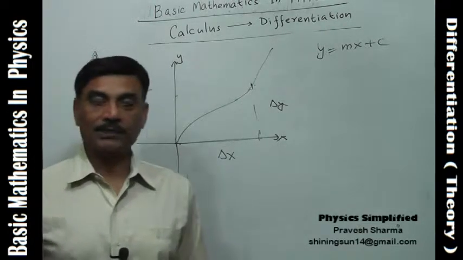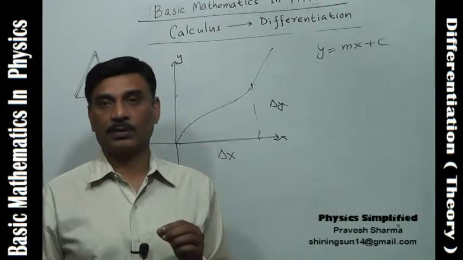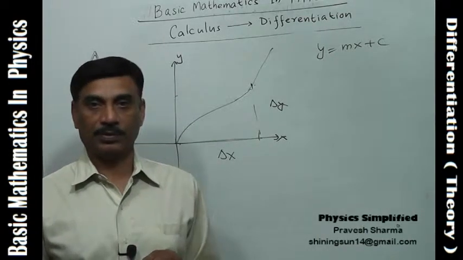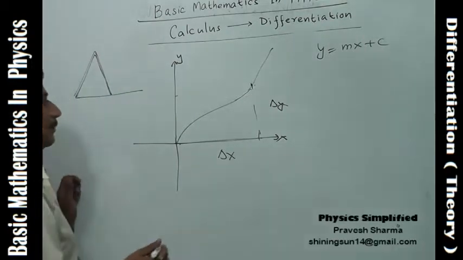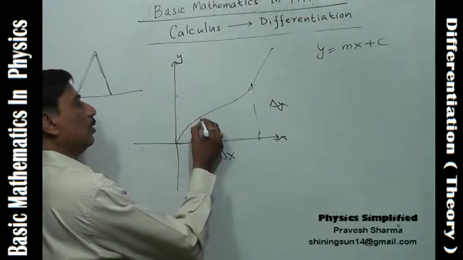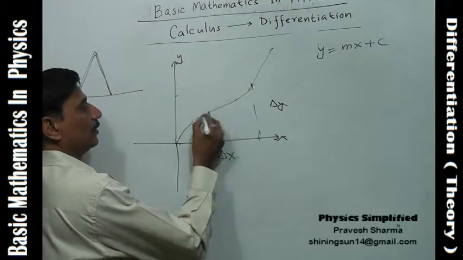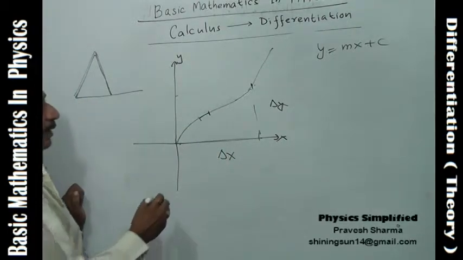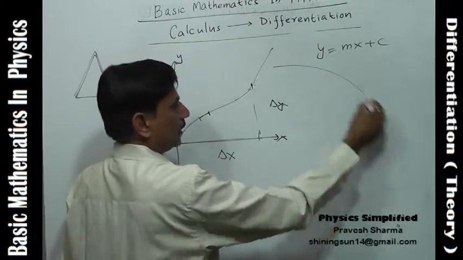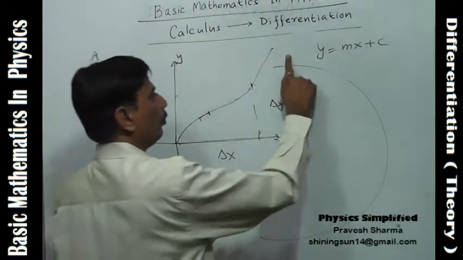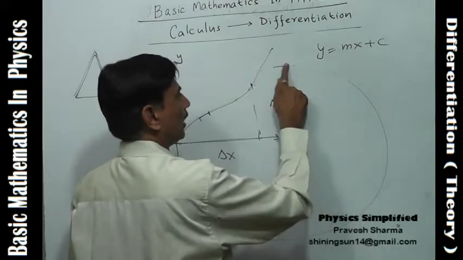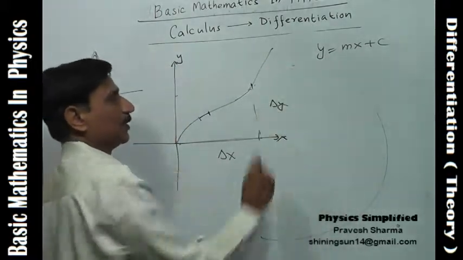So, what we do is, we find the slope at a point. At a point means what? At a point means, I take a very, very small, short section of this length. Like, if I draw this circle, you will say this is an arc. But if I show you a very, very small portion of this arc, you will say that this is just a straight line.